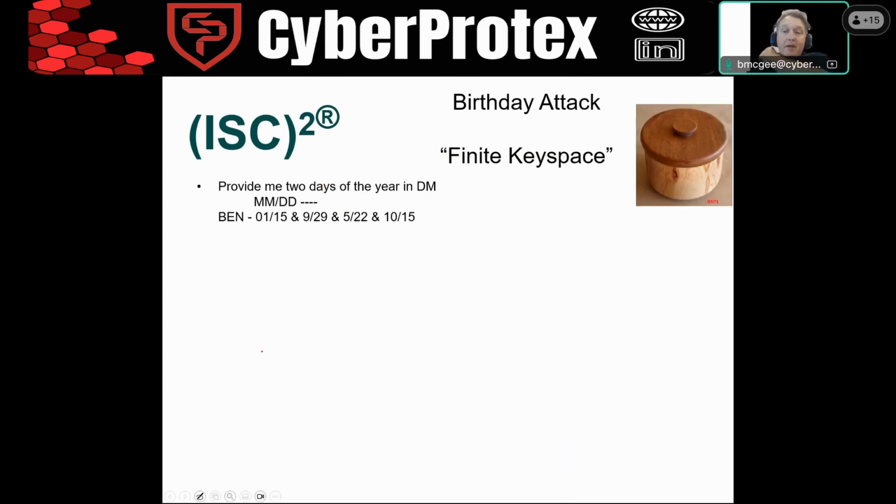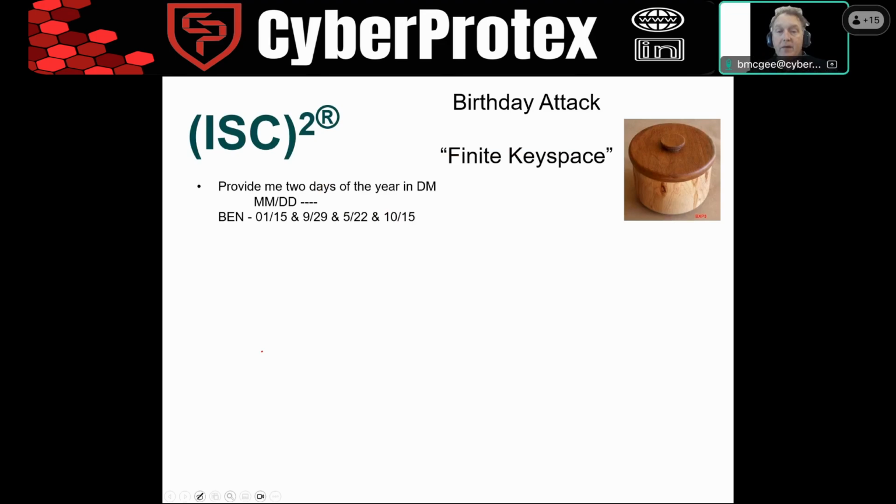In our particular key space, for our purposes here, there are 365 possible values, 365 possible keys in the month, date format. And so a hashing algorithm has the confinements, limits, or boundaries of a finite key space.